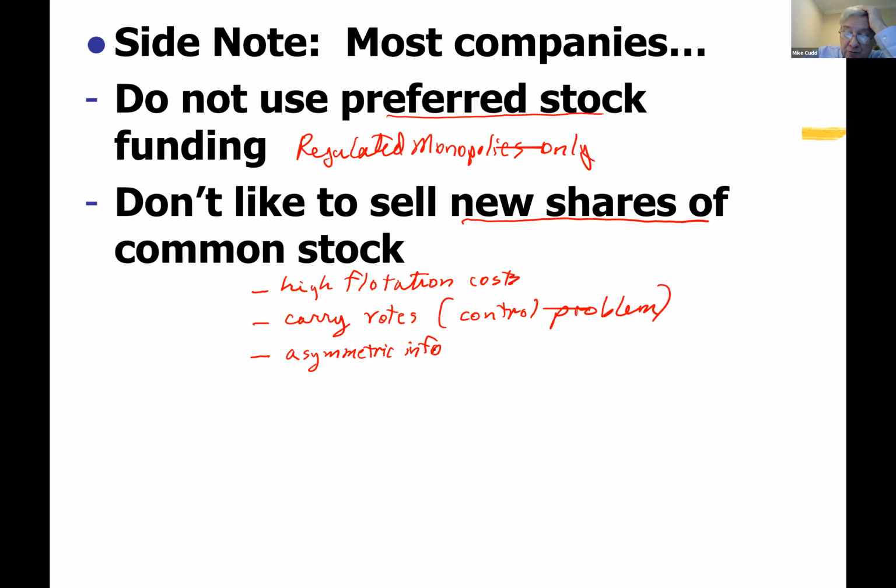So what happens when a company tries to sell new shares of stock? Investors like you and me say they wouldn't want to be selling those shares unless they thought the price was too high. So it sends a negative signal to the market.